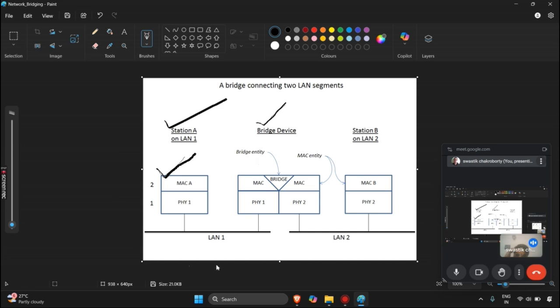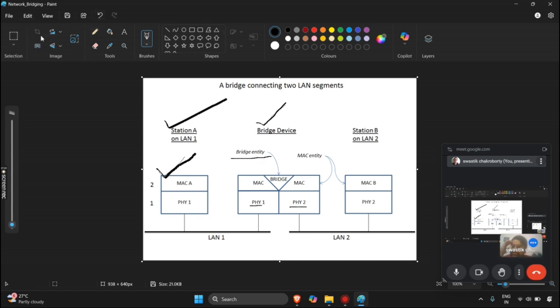This bridge device copies the MAC and PHY from station A and also from station B. Now the PHYs are usually kept separate, so the PHY layer for this one and the PHY layer for this one are kept separate, whereas the MAC layers are fused together using a bridge entity.